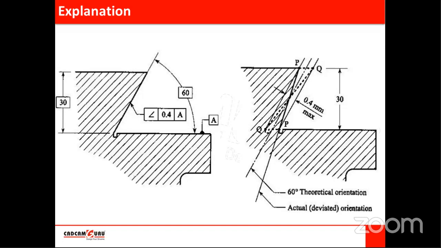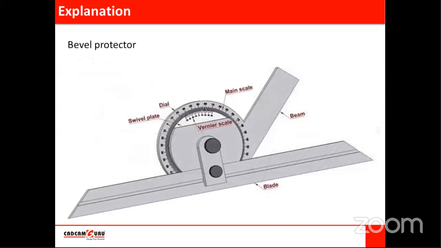But as I told you, there is some calculation part because here we have mentioned linear deviation. Means the permissible deviation is mentioned in mm and the error will be in angle. First we will see how to inspect this, okay, then we will see how to convert this. Now this is a special instrument to measure angles, so it is available in inspection rooms. It is called a bevel protractor.